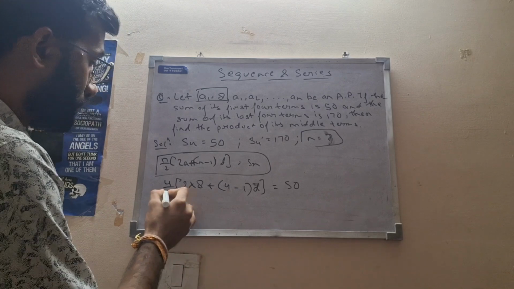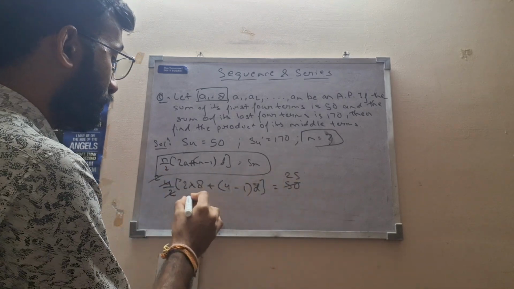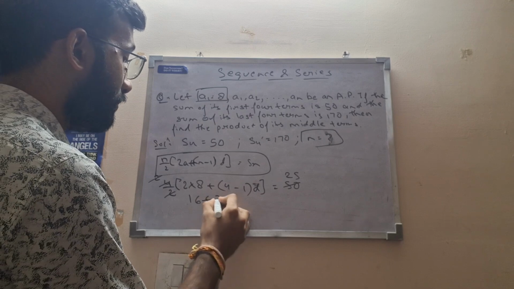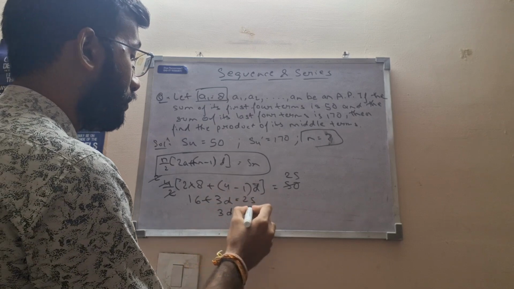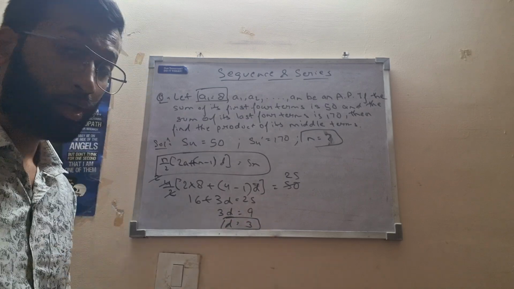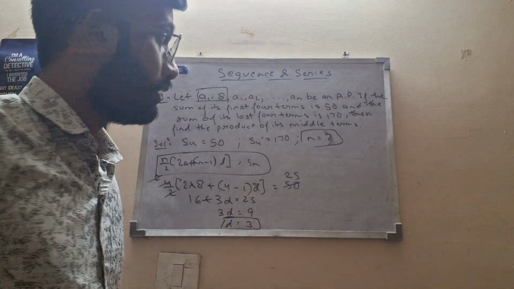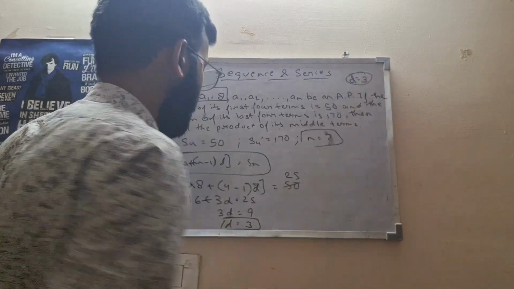What is the sum? It is divided by 2 gives 25, so 16 + 3d = 25, then 3d = 9, so d = 3. We have got our common difference. Okay, so we will write it there. We have a common difference of 3.